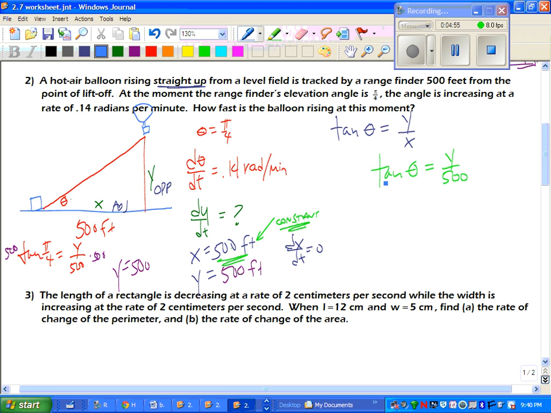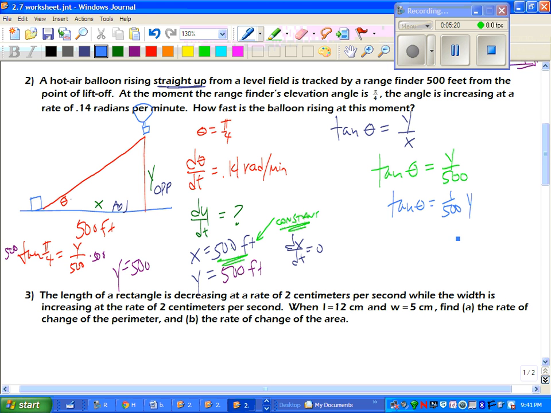We want to find dy dt. So we have to take the derivative of both sides. You may want to think of this a little differently. Instead of y over 500, think of it as 1 over 500 times y. A lot of you may have the tendency to say, oh, I've got to use quotient rule if it's written like this. Well, 500 is just a constant. Think of it like this, 1 over 500 times y.